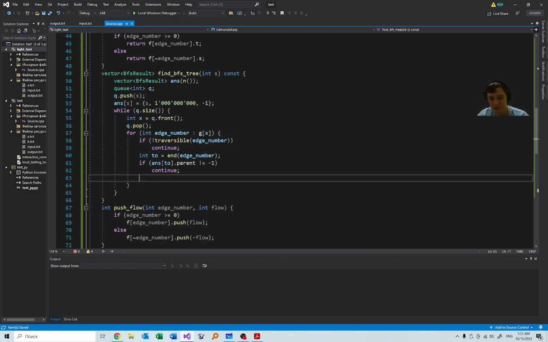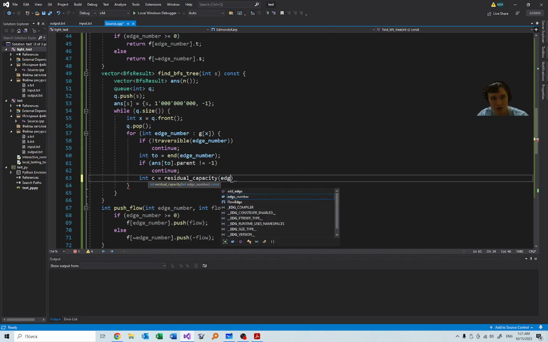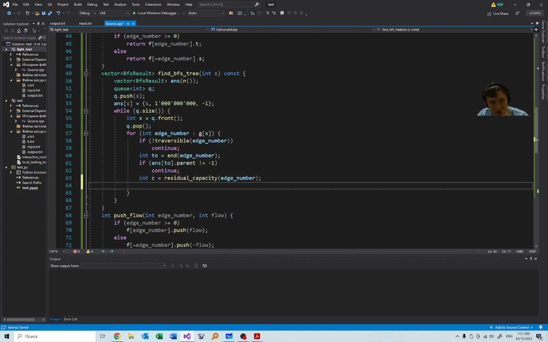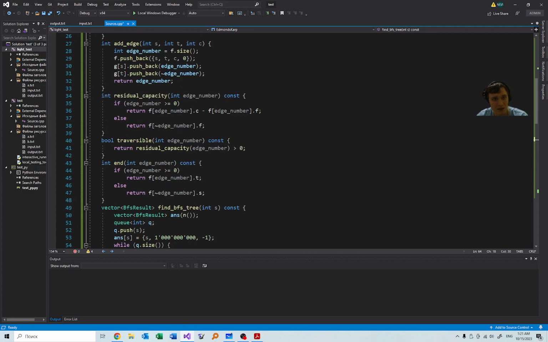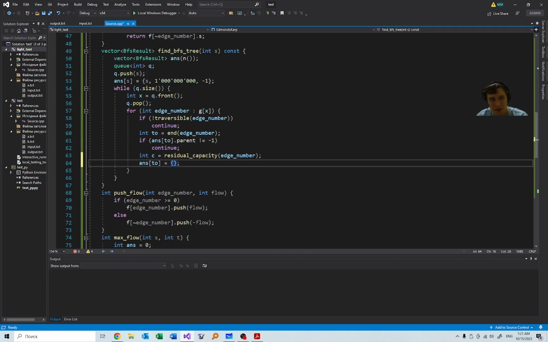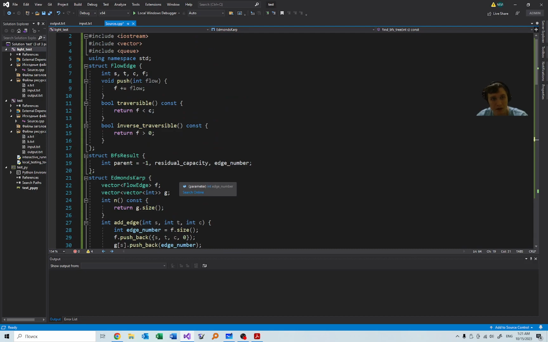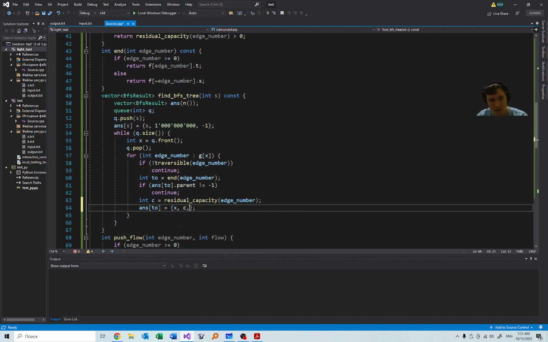Okay, we say that residual capacity, or just C, equals residual capacity of edge number, and we say that ans2 equals: parent is x, residual capacity is minimum of C and current residual capacity, which is ans x dot residual capacity.